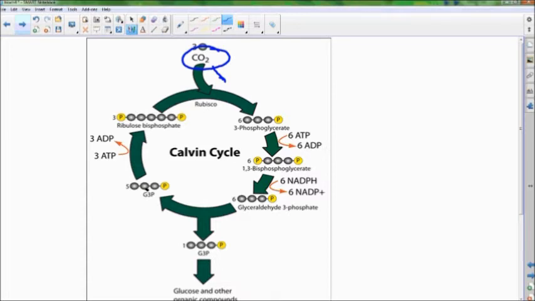It's not like there's big arrows in the plant chloroplast or anything. The carbon dioxide basically gets added to another molecule called 3-phosphoglycerate. That name doesn't matter. We just need to realize that carbon dioxide is added to a chain.